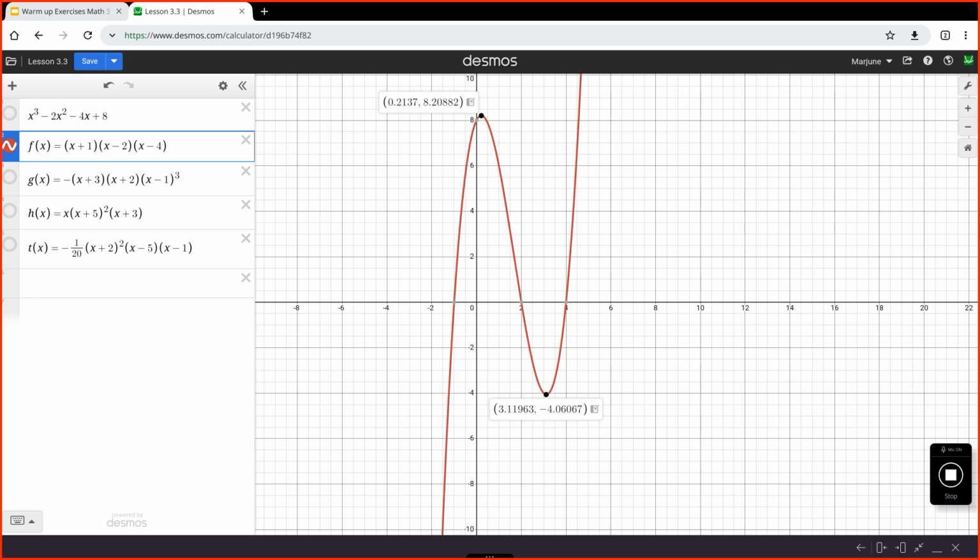Yeah, write it down. For the local max, again, that's 0.214, 8.209. And then for the local min, that's 3.12, because we're going to round up, and negative 4.061.